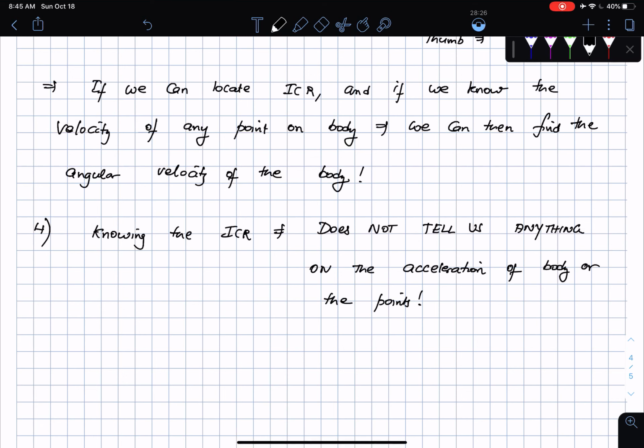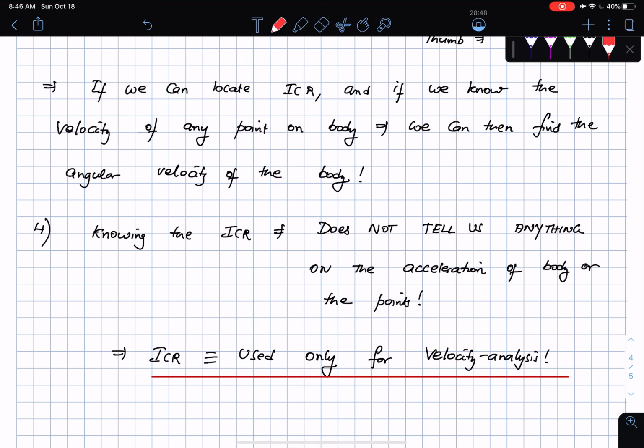Okay, so ICR is used only for velocity analysis, which tells me that ICR is used only for velocity analysis. This is something that you want to really keep in mind. ICR is used only for velocity analysis.